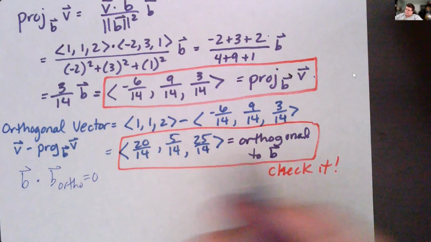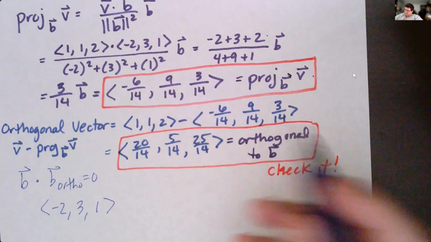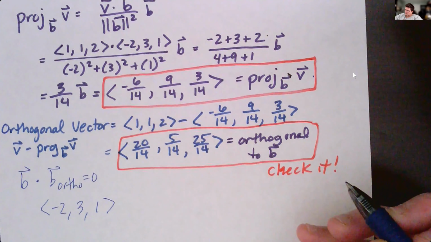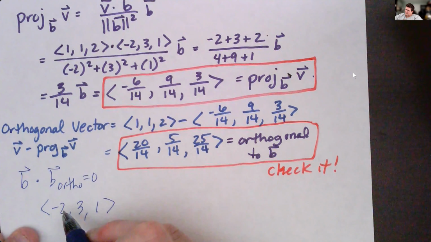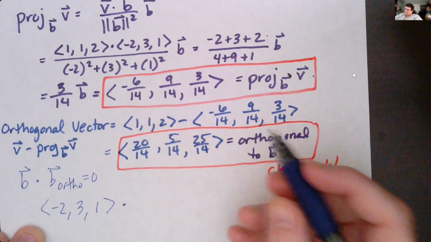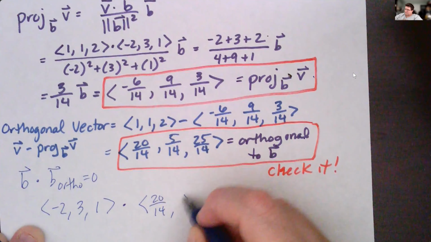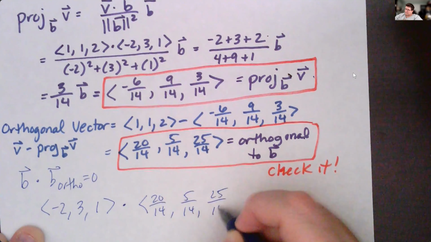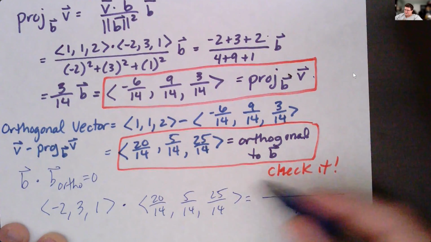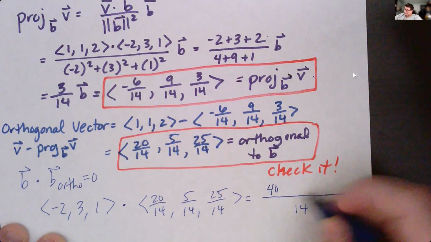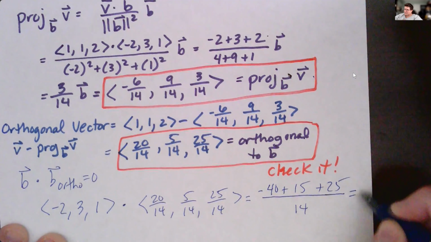So I've got B is -2, 3, 1, dotted with 20 over 14, 5 over 14, 25 over 14. I get 14 in the denominator for all of them. -2 times 20 is -40. 3 times 5 is 15. And 1 times 25 is 25. This adds up to 0.